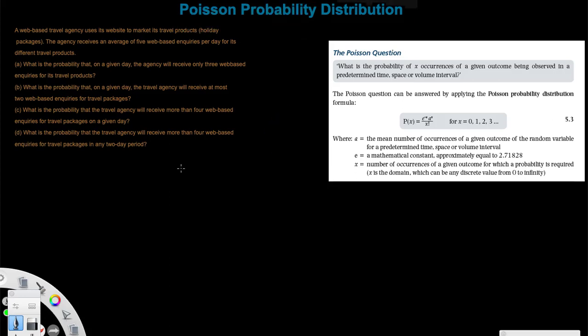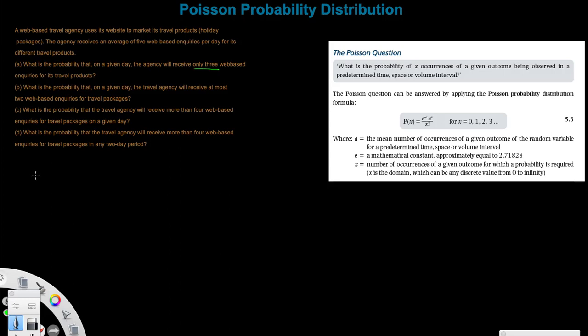All right, now let's look into it in depth. From this question we've been asked, one, what is the probability that on a given day the agency will receive only 3 web-based search inquiries? The first thing I'll do is make sure that this question meets the criteria for a Poisson question.